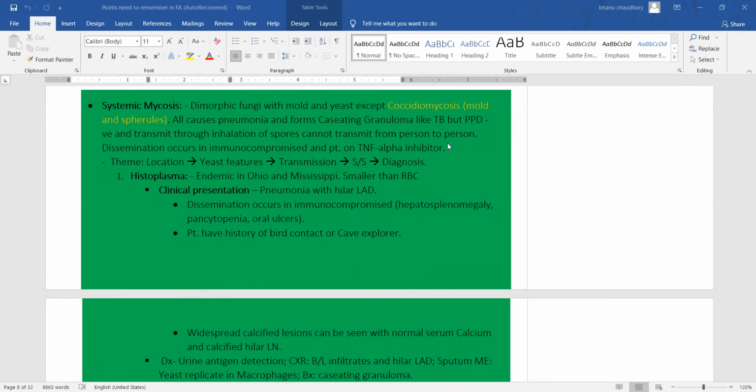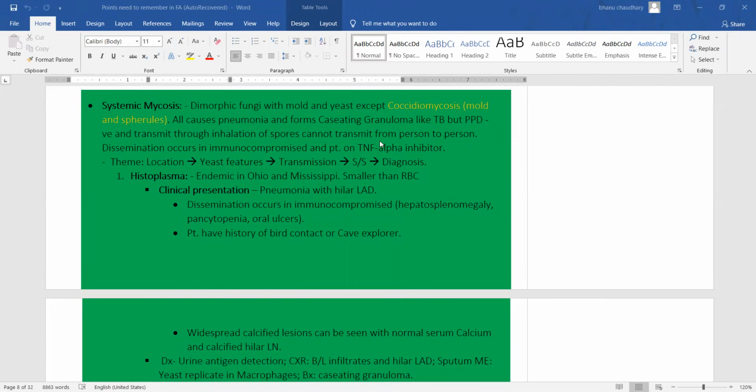Very important part. Unlike TB, they cannot transmit from person to person. The only way to acquire these infections is by inhalation of the spores, and the spores are found in the surroundings at certain locations. We will discuss the locations later. There won't be any person to person contact.